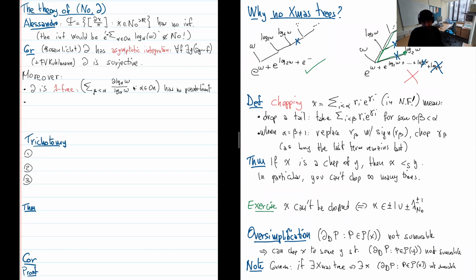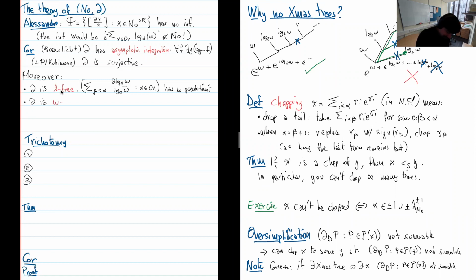When you look at this sum here, if you send alpha to infinity in the sense of ordinals, so if you try to take the pseudo limit of this one, you're supposed to get a sum over every ordinal of the derivative of log_alpha of omega over log_alpha of omega. And again, for the same reason, this is not allowed in Surreal numbers. So you know immediately that this is not going to have a pseudo limit. By definition, this says that this derivation is lambda free in the terminology of the book by Aschenbrenner, Van den Dries, and Van der Hoeven.